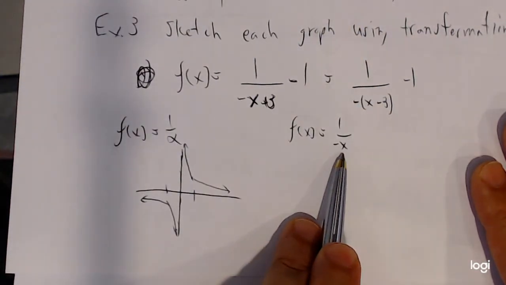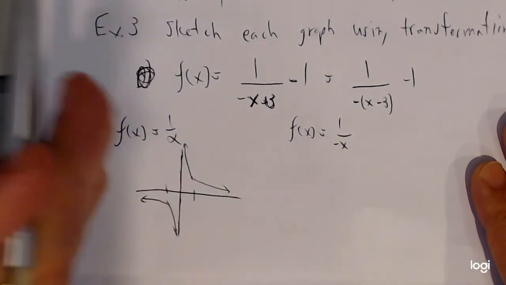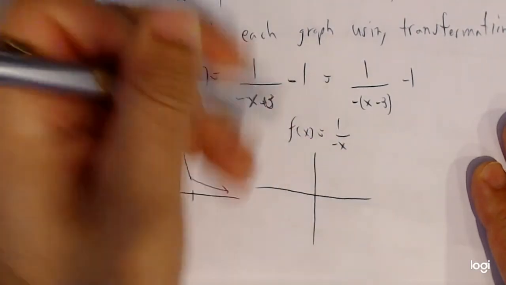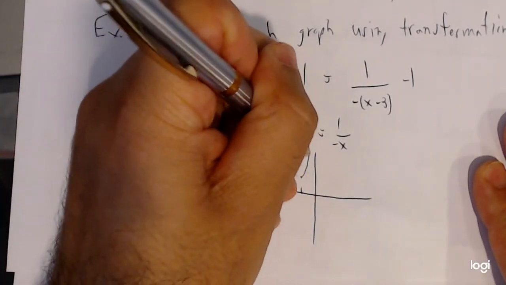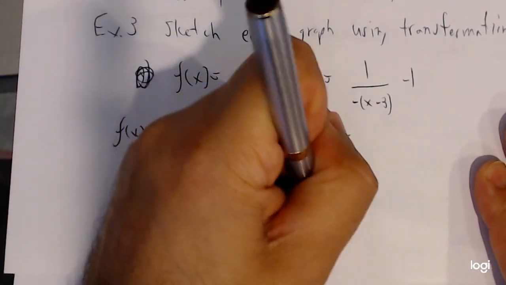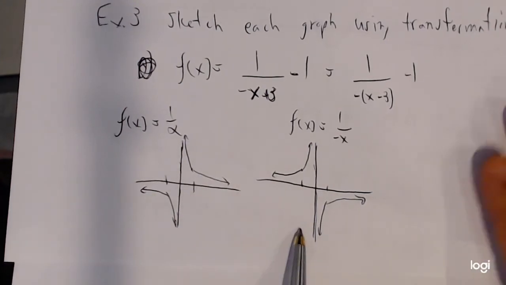So if I do this negative x, what does that mean? Since the negative is with the x, this means reflected about the y-axis. So if I'm reflecting this about the y-axis, where would that put me? It would put me here and here. So I just grabbed this and reflected both about the y-axis.